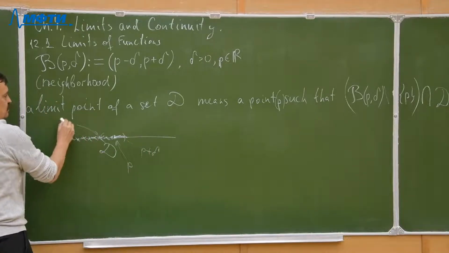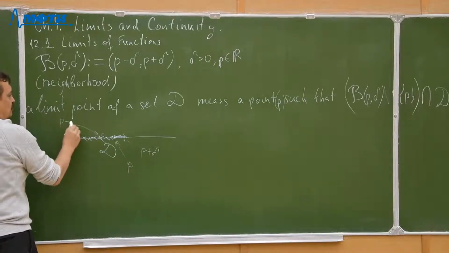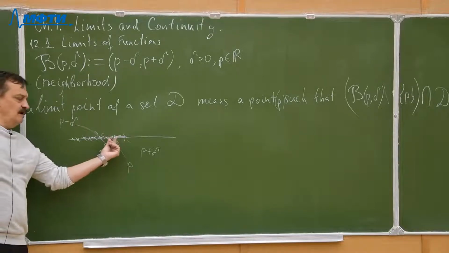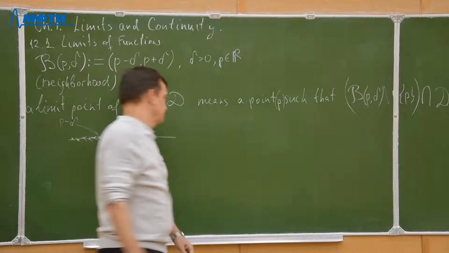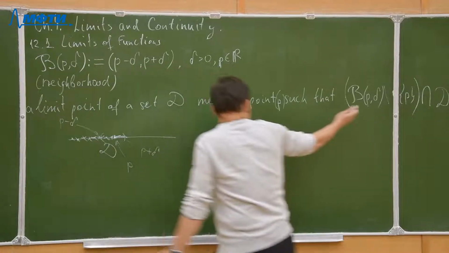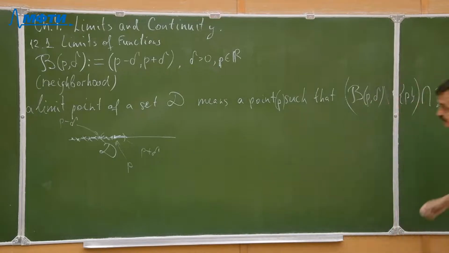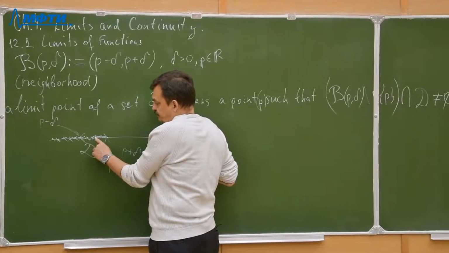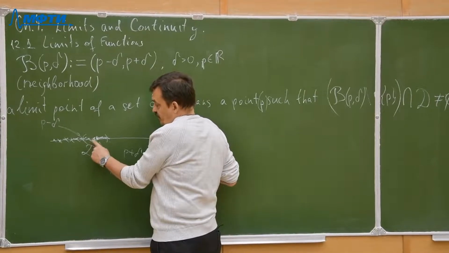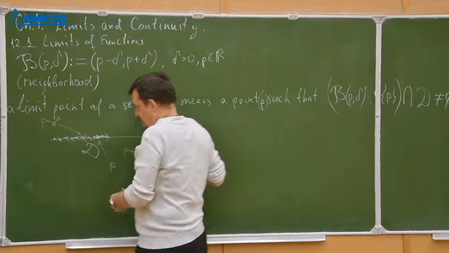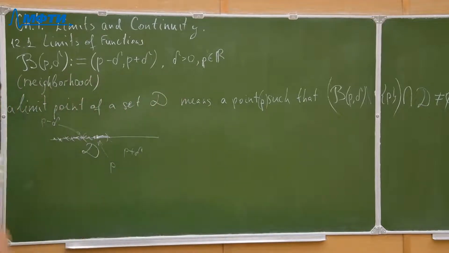Analogously, here we have P minus delta. For arbitrary delta greater than 0, there are points inside that interval of our set D different from the point P itself. Why should we exclude P?